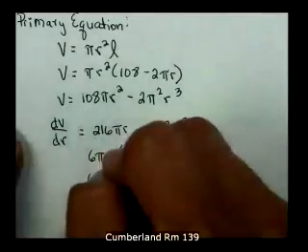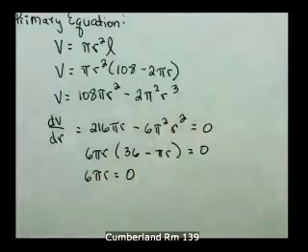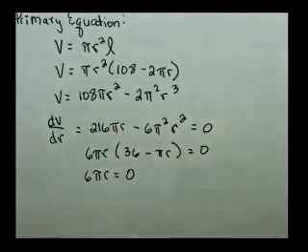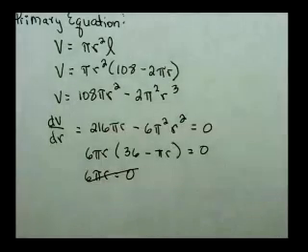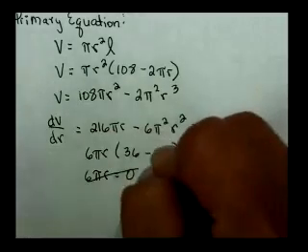And when we set 6 pi r equal to 0, what solution does that give us? R equals 0. Do you think a package with radius 0 is going to maximize the volume? No. Probably not. That would be a flat package. The only thing you could mail in that is Flat Stanley.